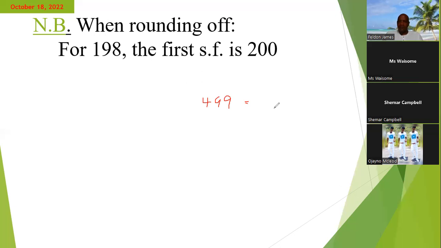Who is saying that? Miss Cummings, what do you think it is? 500, sir. Anybody else want to give their input? 500. So we have 2 persons saying 500. Any more answers? Let me ask the people who say 500 now: why did you say 500?